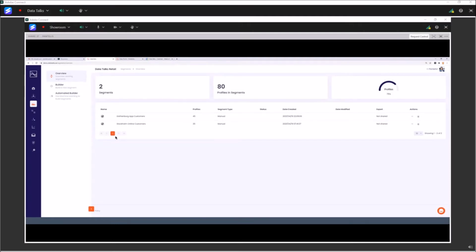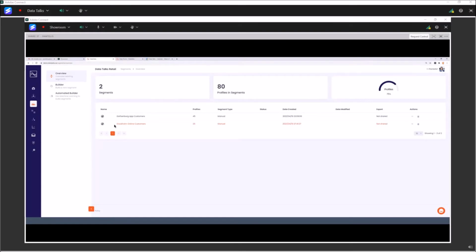The reason why you want to do this is because you want to target those segments with relevant information. You don't want to just spam the whole customer base with the same message, which will probably make your users quite frustrated.